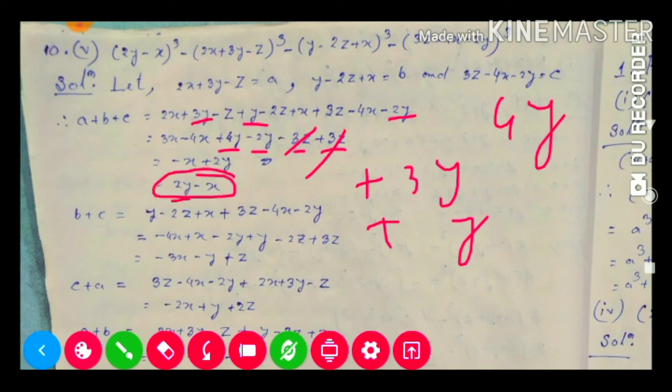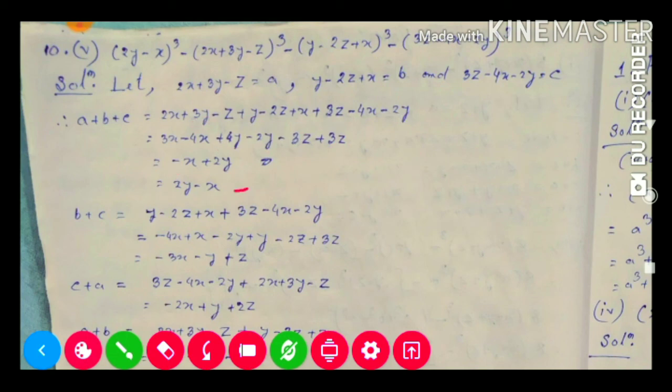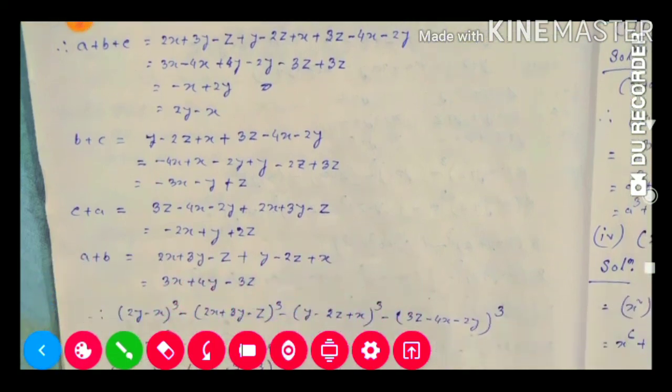So the a plus b plus c value we got is 2y minus x. Now for the b plus c value, we'll put the b value, then the c value, then add and subtract, and we'll get this one. Similarly, we get the c plus a value and the a plus b value also. After this, whatever the question given, we will write here.